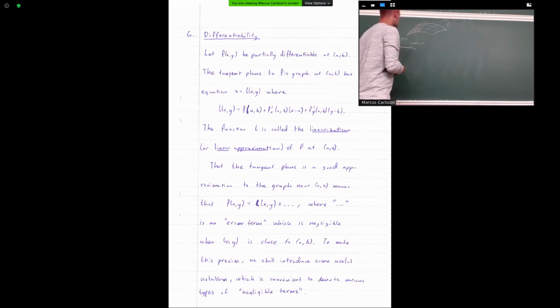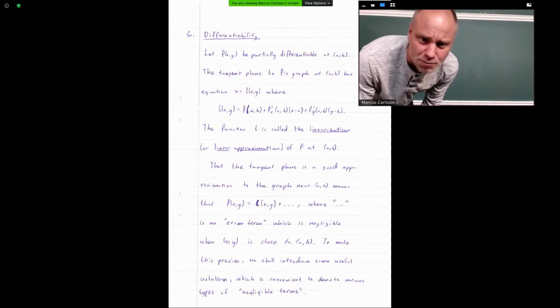But then we have functions. So if you just look at this graph, it looks like this plane is actually close to the graph values everywhere. And that's what we want from a tangent approximation, right? But we don't know that yet.